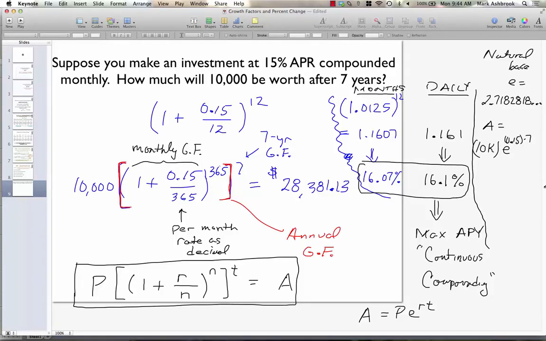Okay, and your calculator has an E button, and when you hit E, it automatically gives you the caret, because the most prevalent use of this E is as the base of an exponential term. So in your calculator, do 10, and then find the E caret.